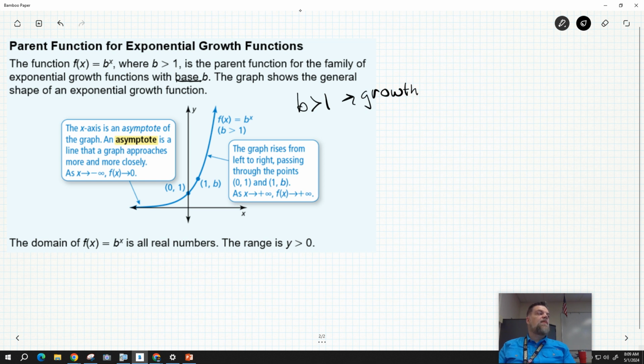And so let's talk about what the graph of a growth function looks like. On the parent function, our x-axis is the asymptote. An asymptote is a line that approaches more and more closely. So what they're saying is this blue line is never going to cross 0, but it'll approach it. Remember, this little arrow means approach, or approaches.